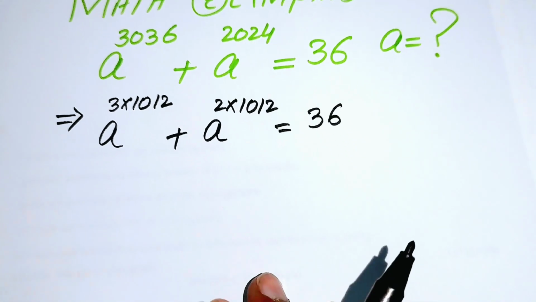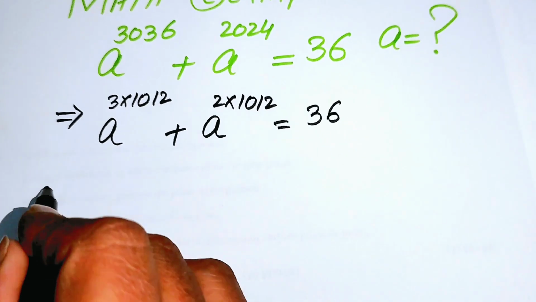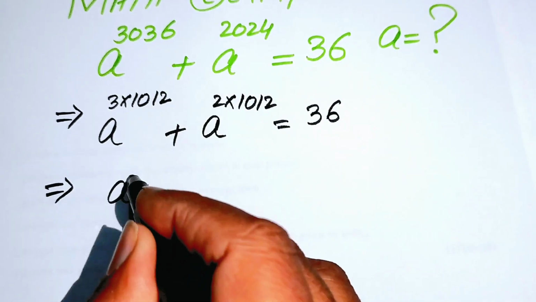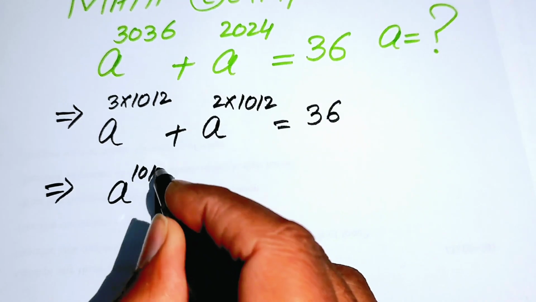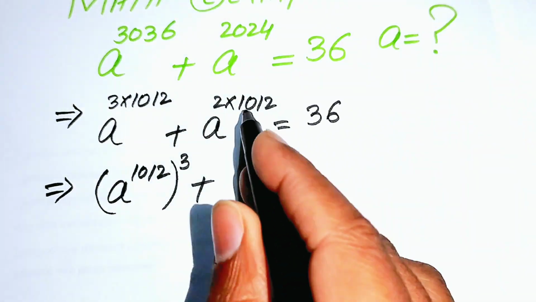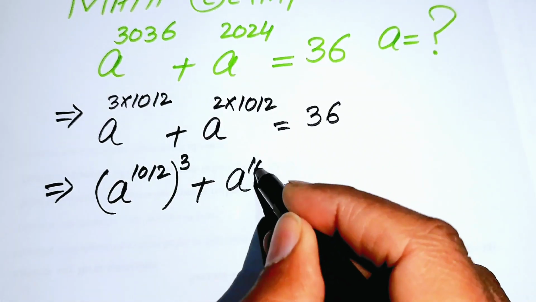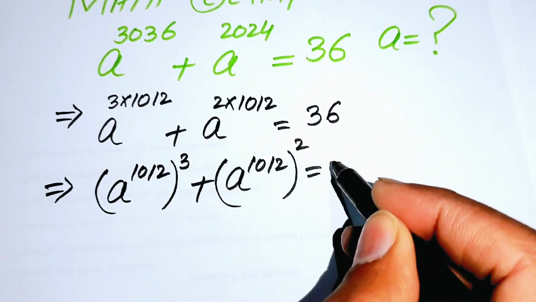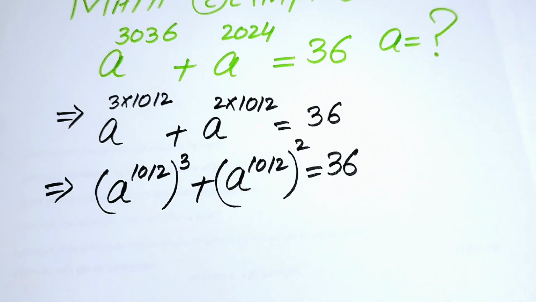And now in the next step we use the exponential law, and we convert these exponents in this form: a to the power of 1012 and its whole cubed, plus a to the power of 1012 and its whole square equals 36.